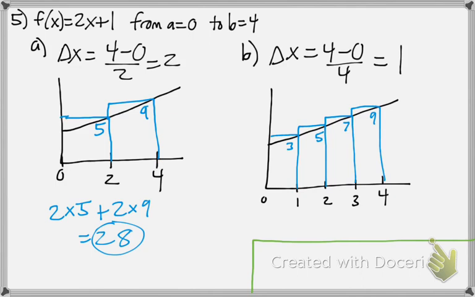So the area is 1 times 3 plus 5 plus 7 plus 9, which gets you 24.